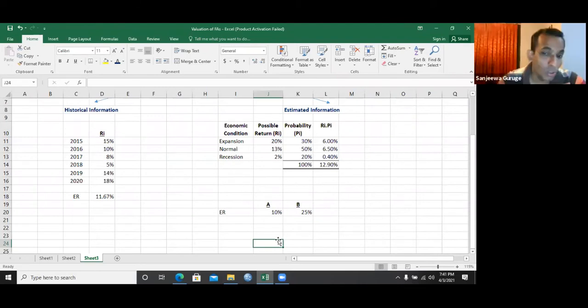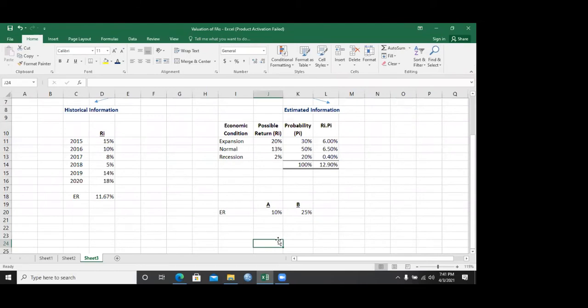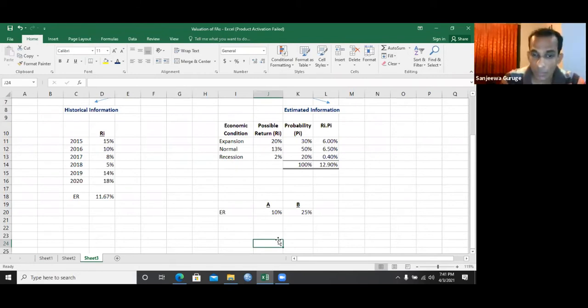Yeah, we can't make that decision just by looking at the return. Just by looking at the return, we can't decide what is the better place to invest.